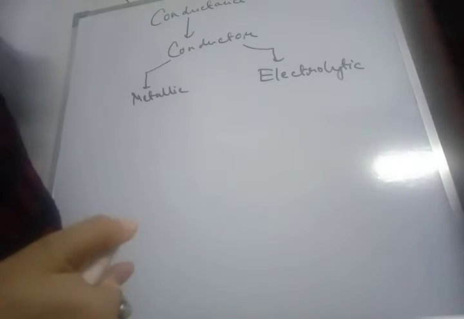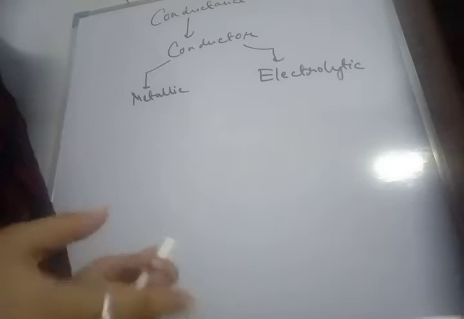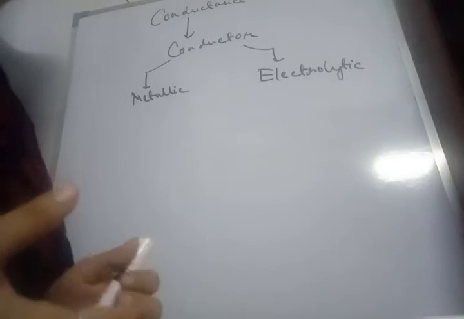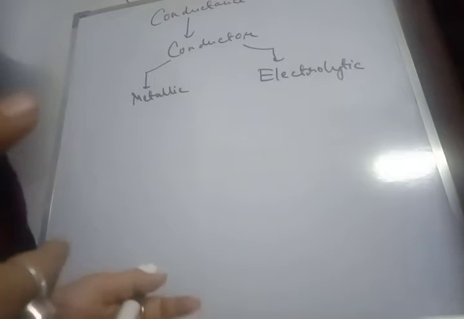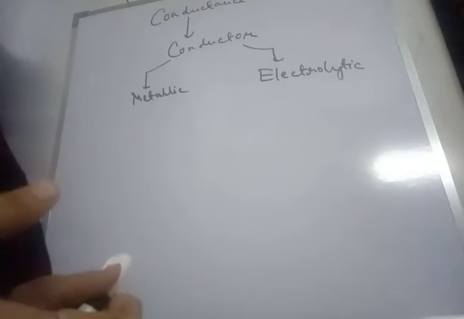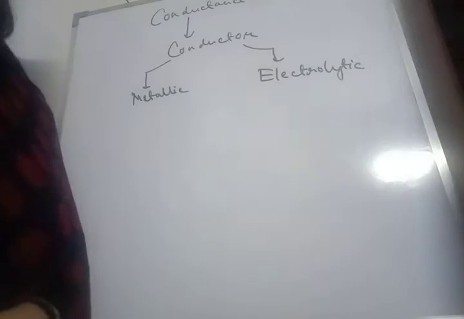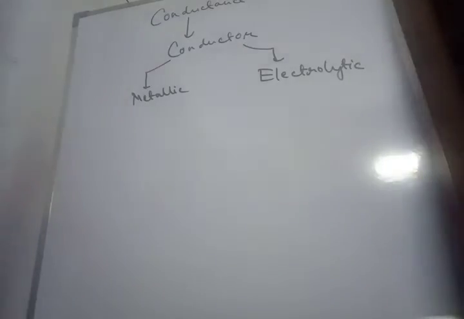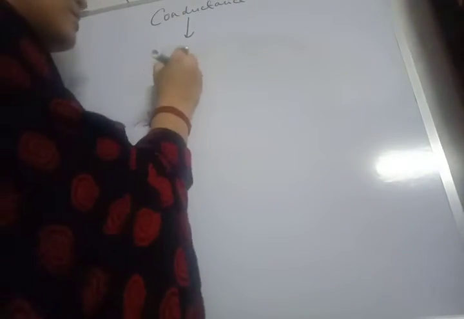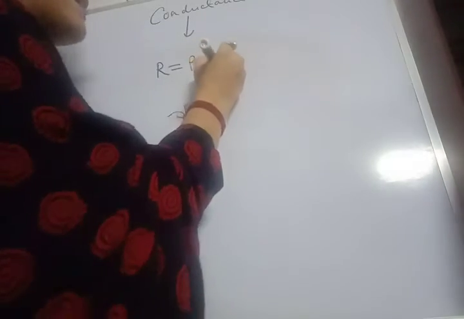Now we need to know, in case of metallic conductors, the flow of current is expressed in terms of resistance, while in case of electrolytic conductors, the flow of current is expressed in terms of conductance. Now from Ohm's law, we can write R equals rho L by A, where R is the resistance, rho is the resistivity, and L by A is the cell constant.